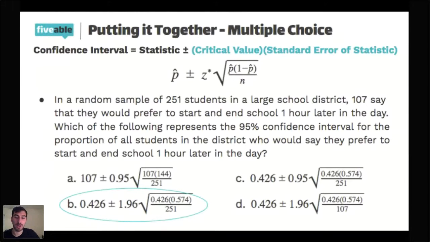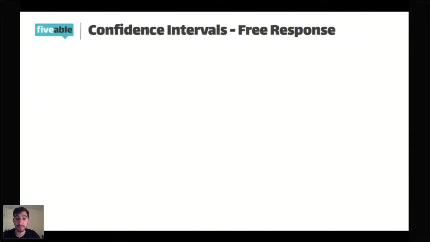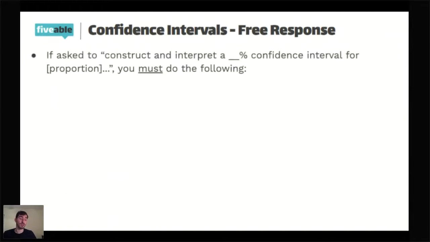And where you can use the calculator, though, is in a free response setting, right? Probably about once every other year, maybe once every 2 to 3 years, we are asked just specifically to construct and interpret a confidence interval for something. Back in 2017, there was a confidence interval for a proportion.